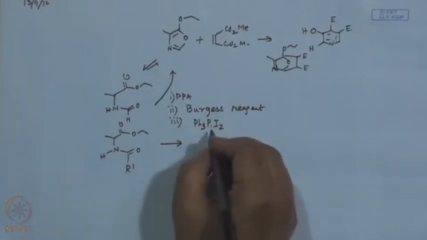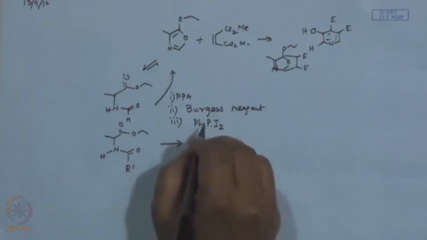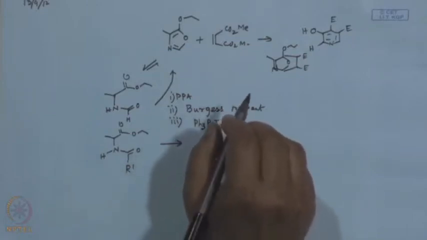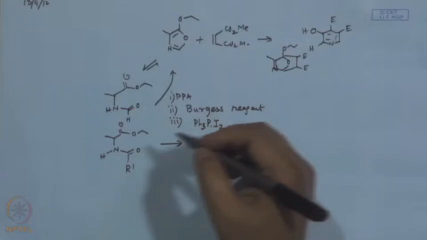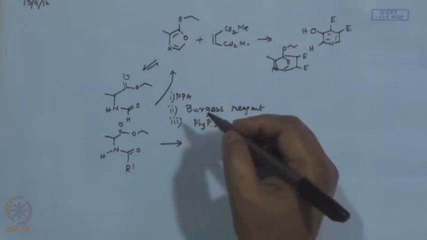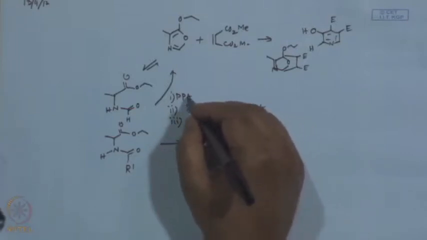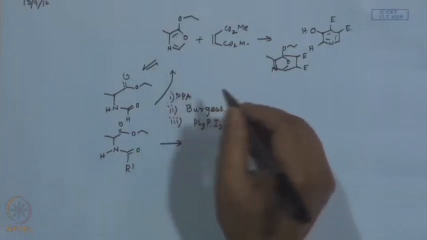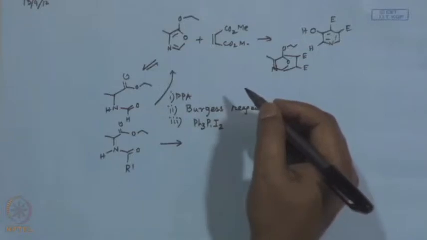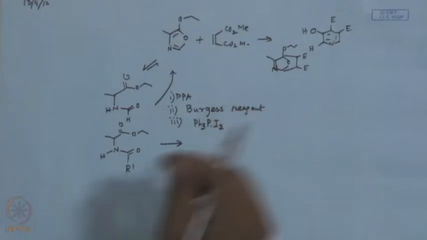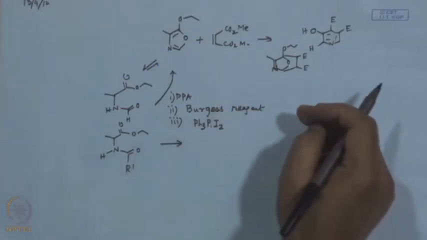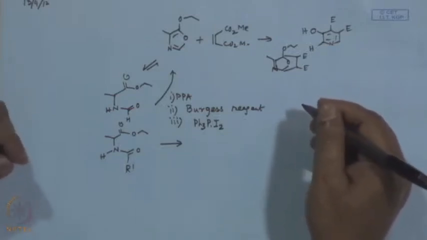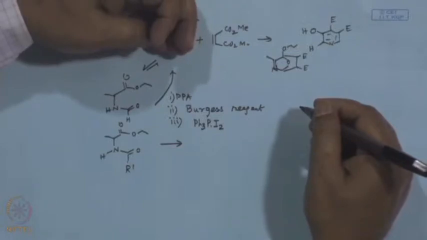Triphenylphosphine and iodine complex is especially useful for oxazole sort of compounds. Okay. One can go on talking about any other possible agents, but these are the reagents which have proven to be very effective in the formation of the isoxazole. So, formation of isoxazole is not that tough if you make the right choice of the dehydrating agent.